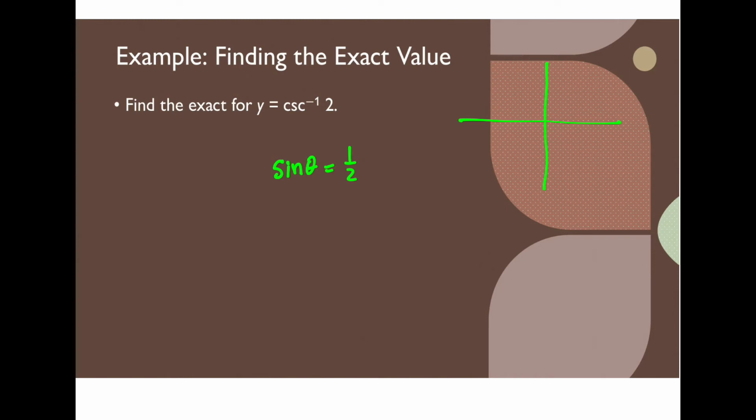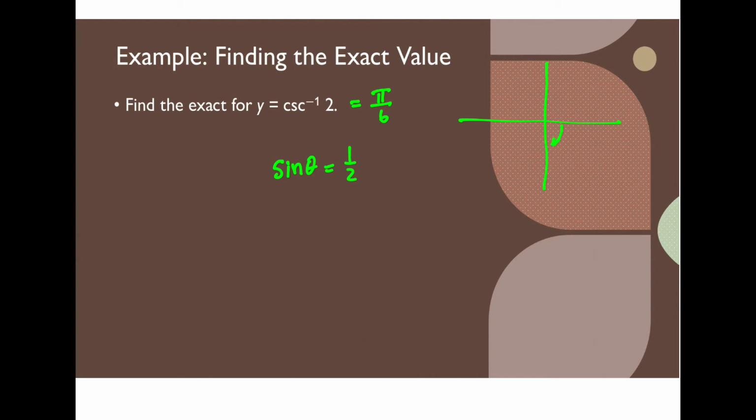And we know the angle that gives us 1/2 for sine is 30 degrees, or pi/6.